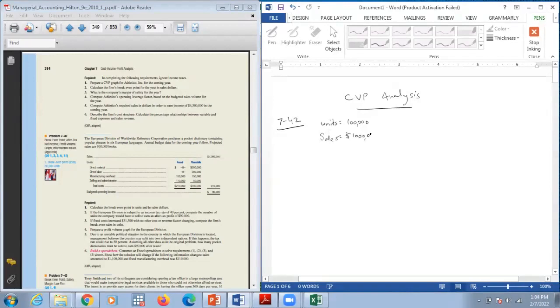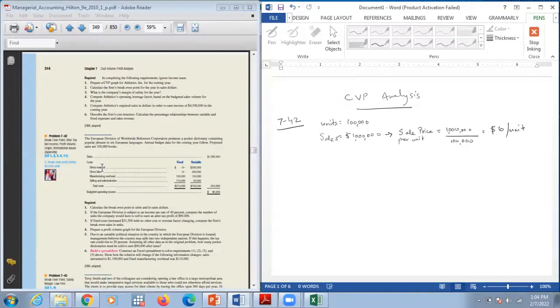This means that they've given us the number of books. Sales are $1 million, and the sale price per unit will be total sales, 1 million, divided by number of units, 100,000. This will give us a sale price per unit of $10.